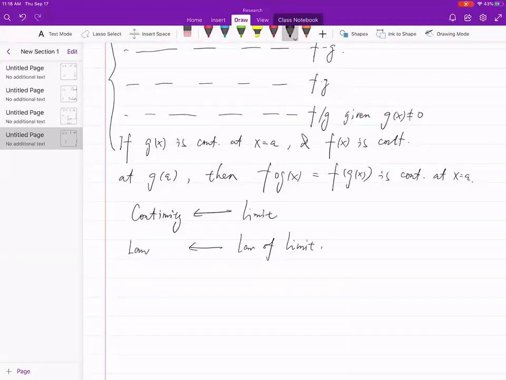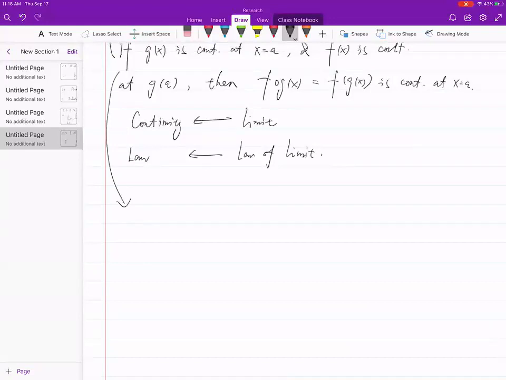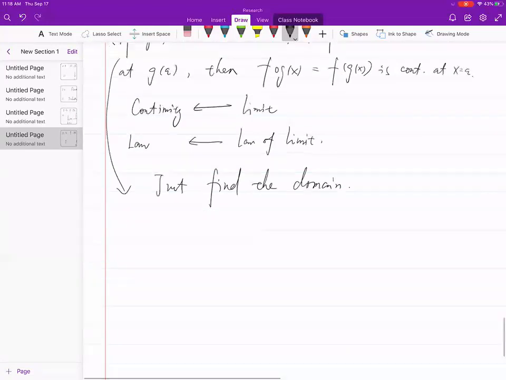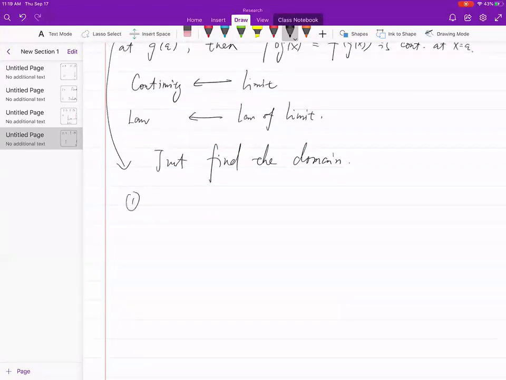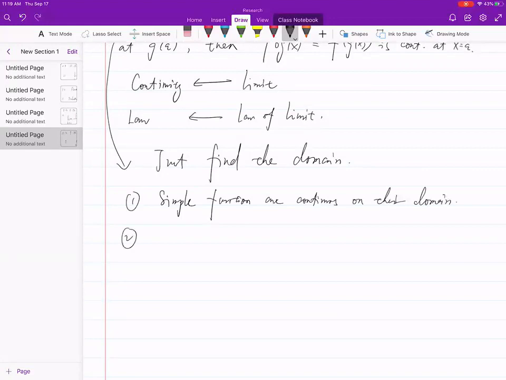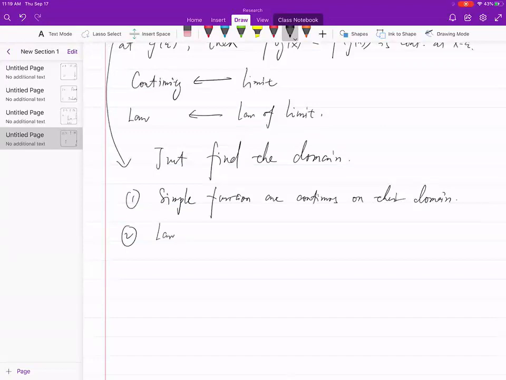Okay. Well, over. This basically says just find the domain. Number 1, all simple functions are continuous on their domain. Number 2, the laws can combine them as long as they're well defined.